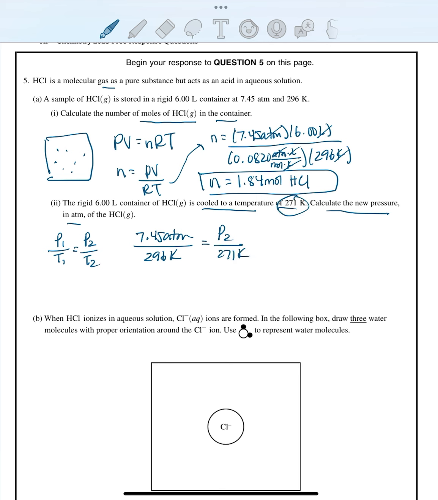Okay, so if I rearrange this equation, I'm going to have P2 equals 7.45 atmospheres times 271 kelvins divided by 296 Kelvin. Kelvin will cancel out with Kelvin, and my answer will be, to 3 significant digits, 6.82 atmospheres.